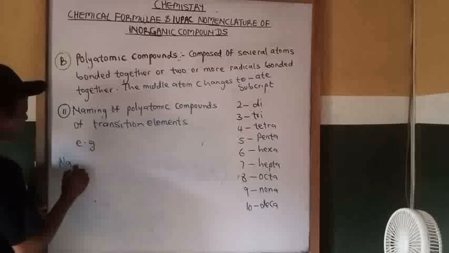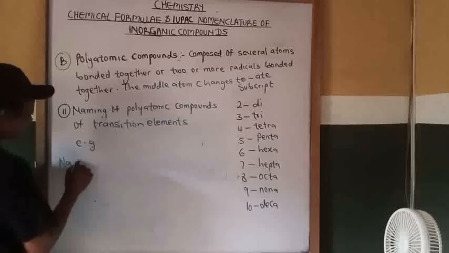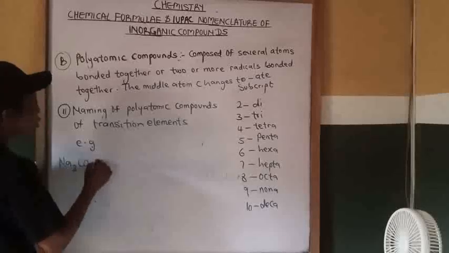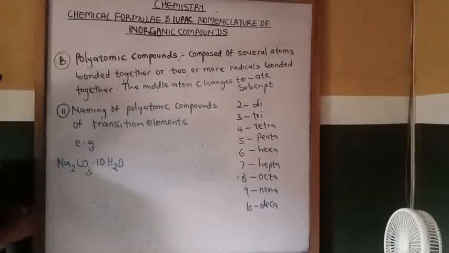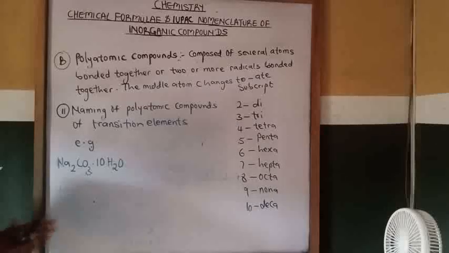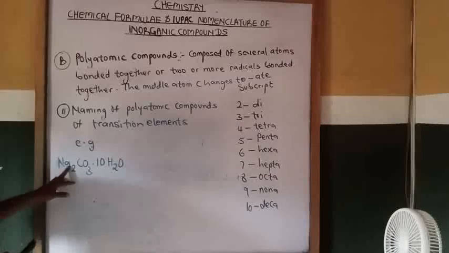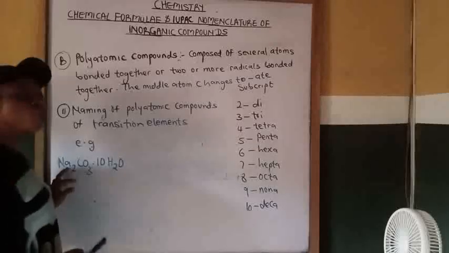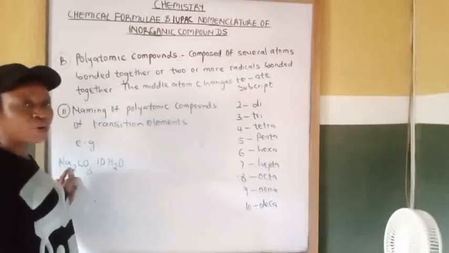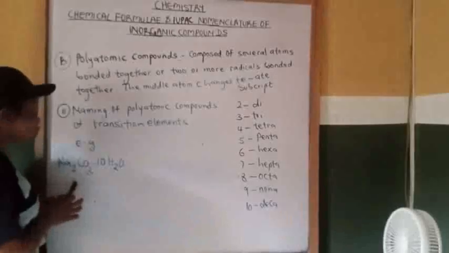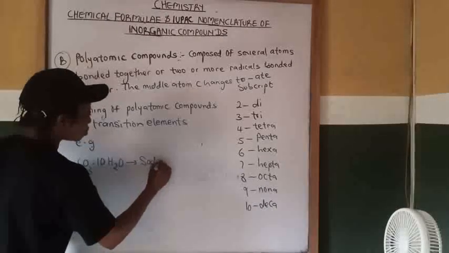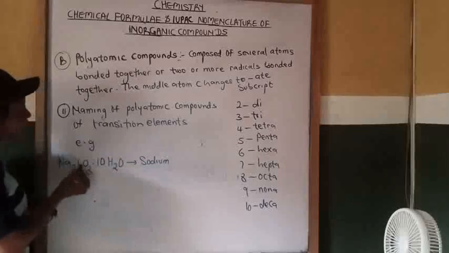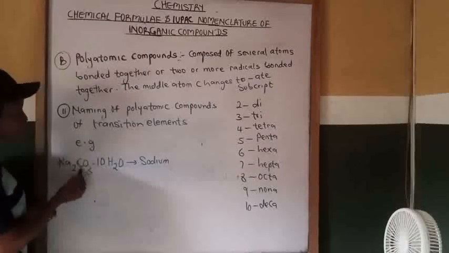Let's look at Na2CO3.10H2O. Na is a group 1 element, so we don't need to name the oxidation number of that group 1 element. We call it sodium. I believe that we have named CO3 before. CO3 is trioxocarbonate 4.